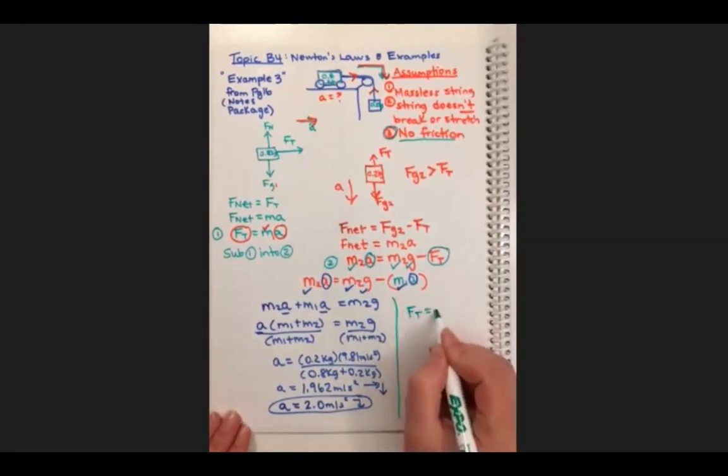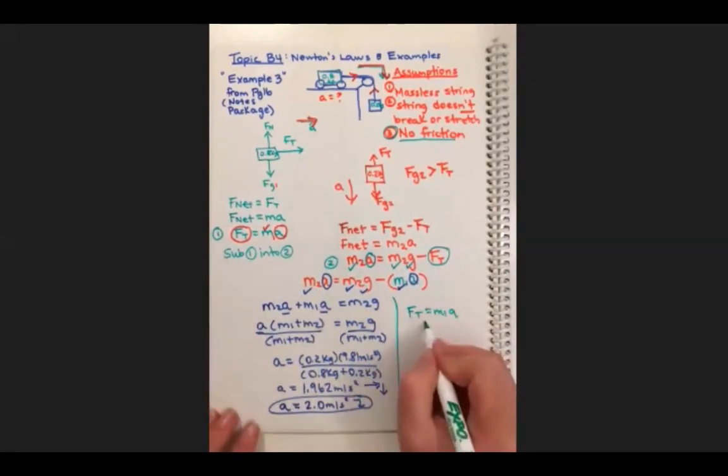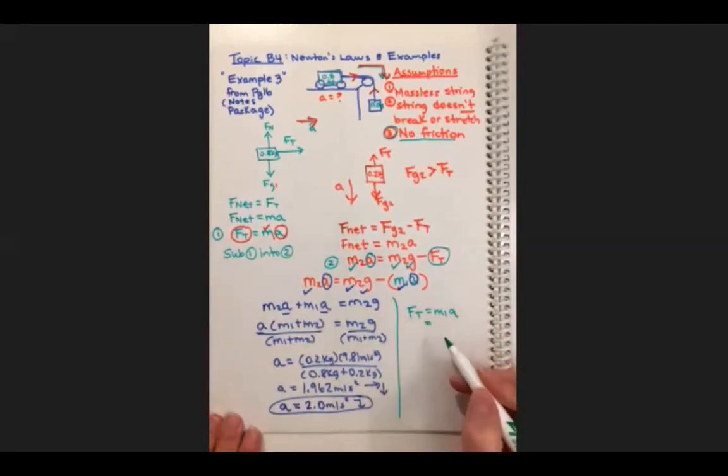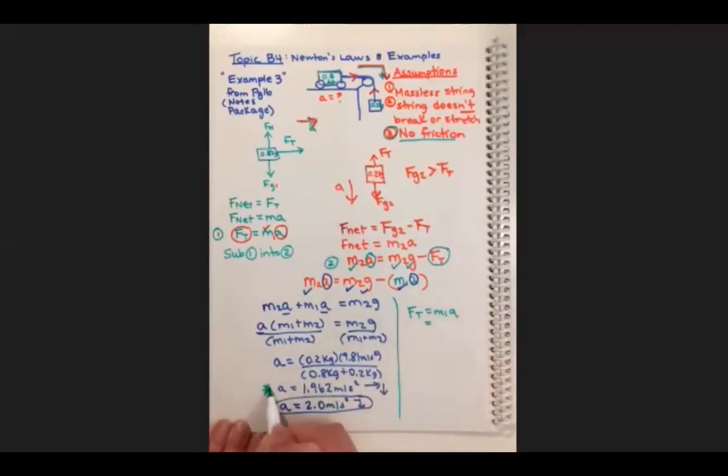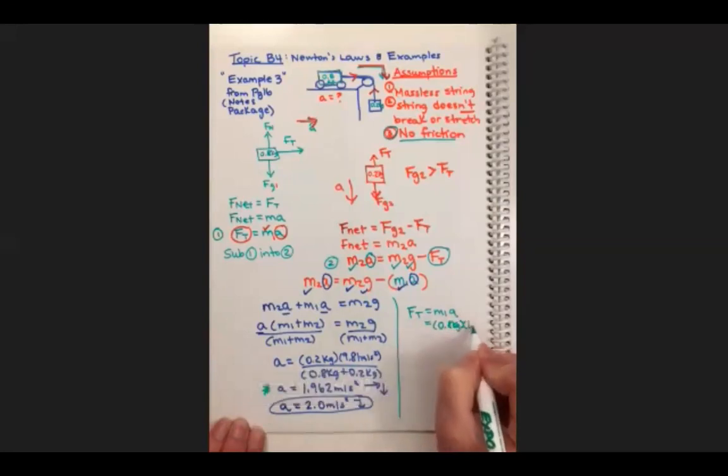Ft equals m1a was known from equation 1, so solving a took quite a bit of work, but solving Ft is one line because we're going to rely on our calculated value for a. Remember that if you ever have to carry forward a number, you want to carry forward the unrounded number because you don't want to amplify error by rounding too early.